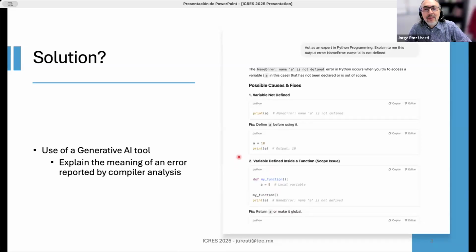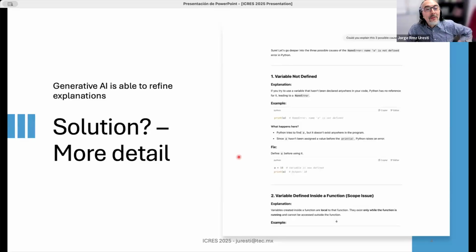So for some people, this might be kind of a solution. It is like going to the teacher when you're in class and saying, okay, please, I don't understand this error, can you explain it to me? It's a little bit like that, but very, very brief. And also these tools can give you more detail.